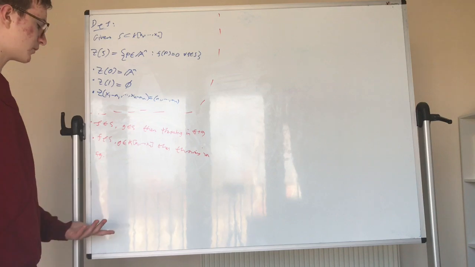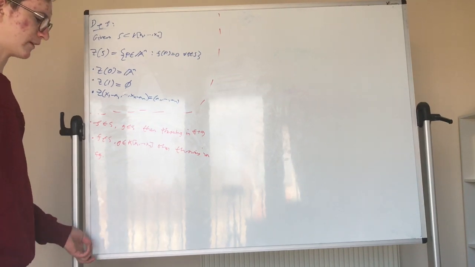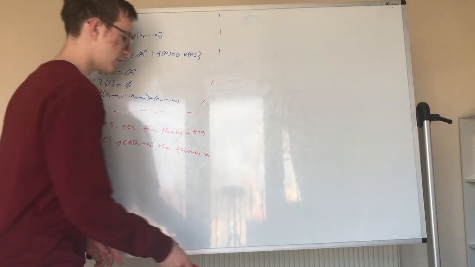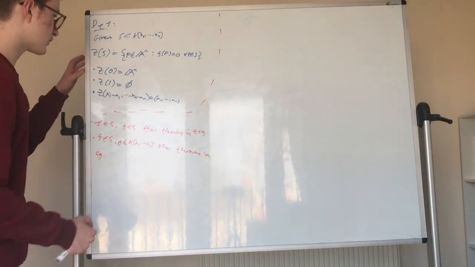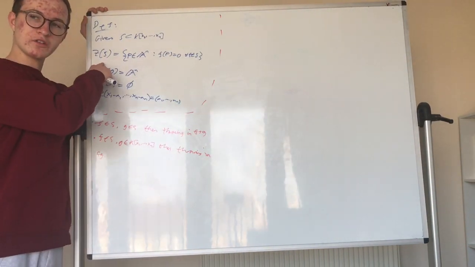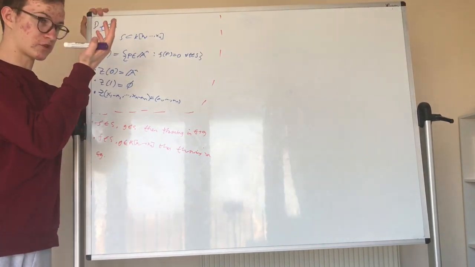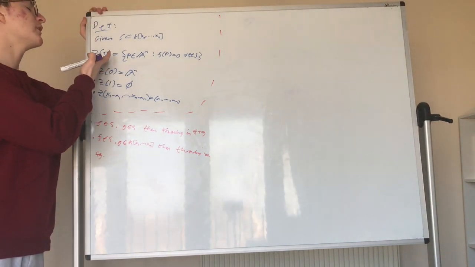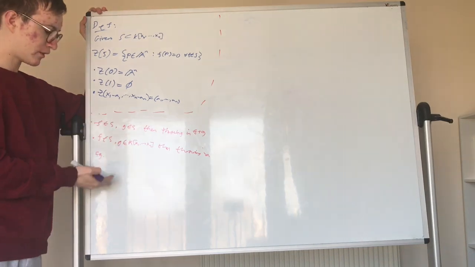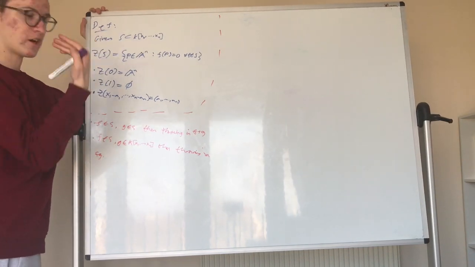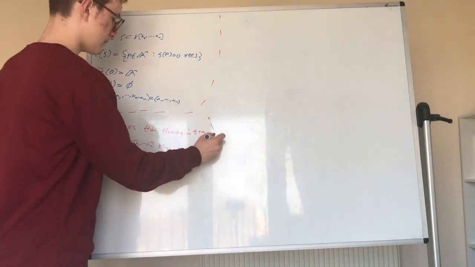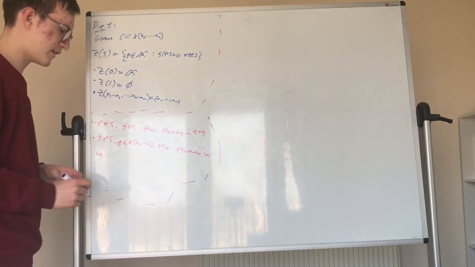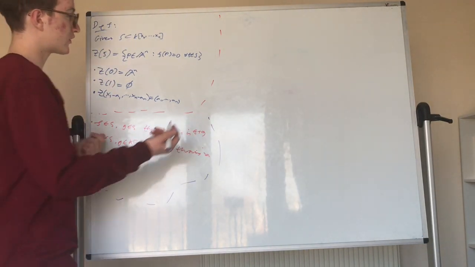So these are some rather trivial examples, and what we're going to do is remedy this by, instead of talking about Z(S), talking about Z of the ideal generated by S. And what's convenient is that Z(S), by these two things, and Z of the ideal generated by S are the same thing anyway, so that's very convenient.